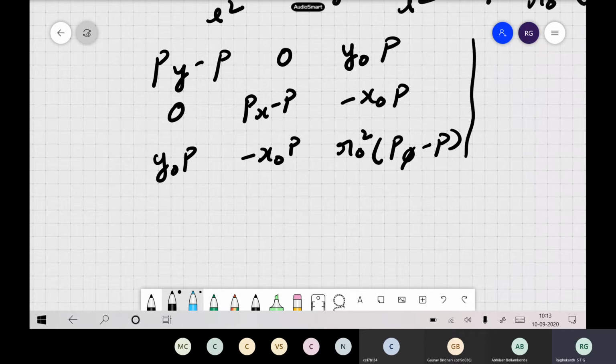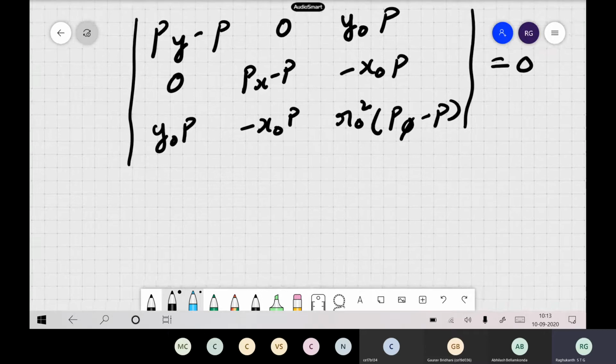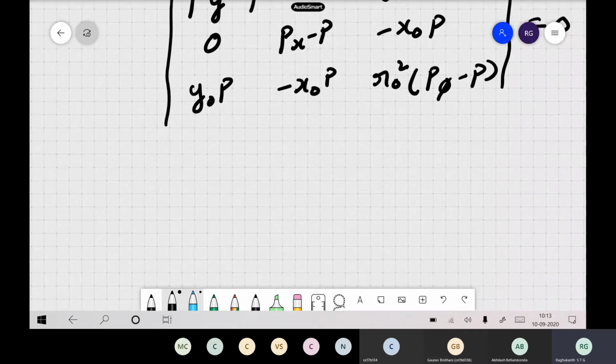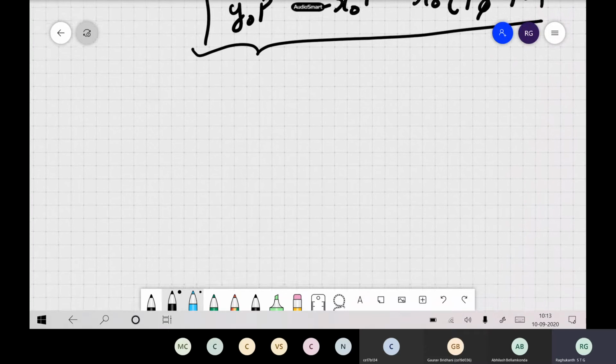The determinant of this matrix has to be equal to 0. If you find the determinant, you get a characteristic equation.